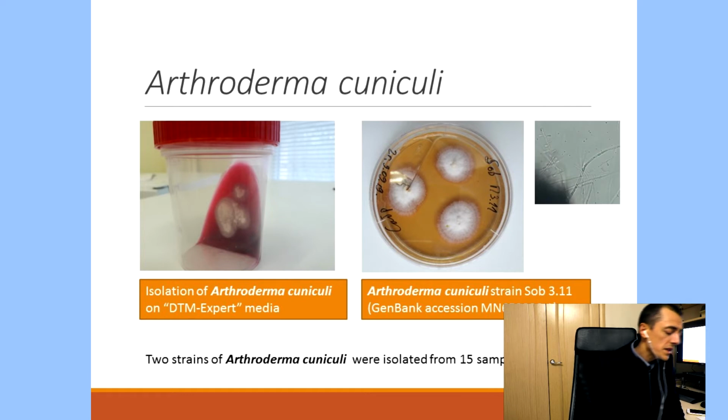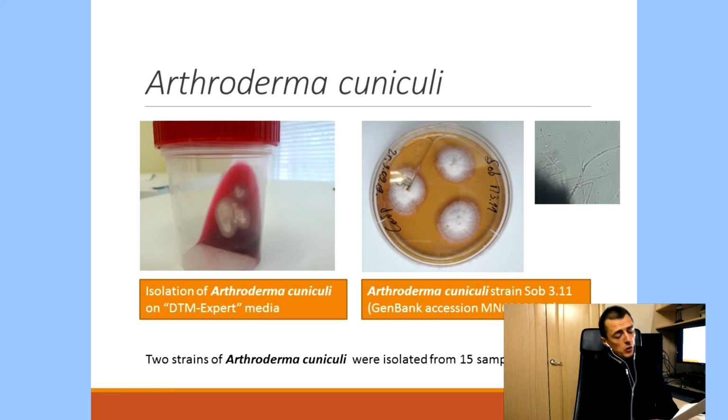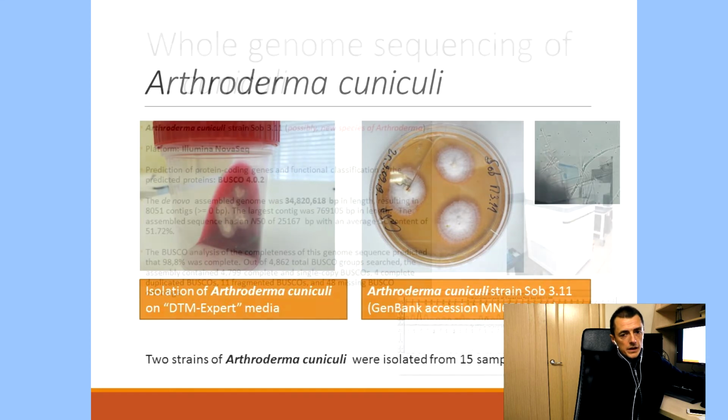But we can see that those researchers didn't use selective media such as DTM media because it was just not available at the time, so they were not able to isolate dermatophytic fungi, which are the most likely causative agent of skin disease, while Acremonium and other numerous non-dermatophytic molds are probably just skin contaminants. Next, please.